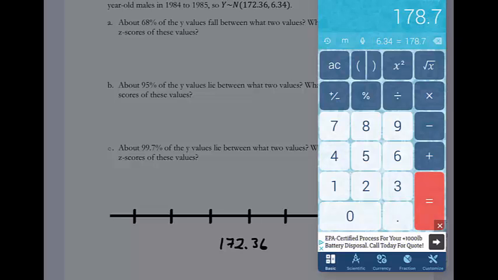In this case we get 178.7, plus another 6.34. The next one will be 185.04. Let me write those down.